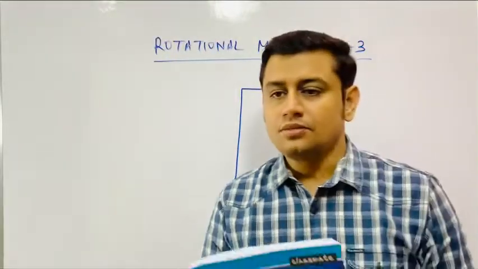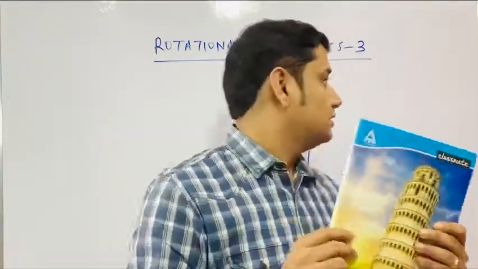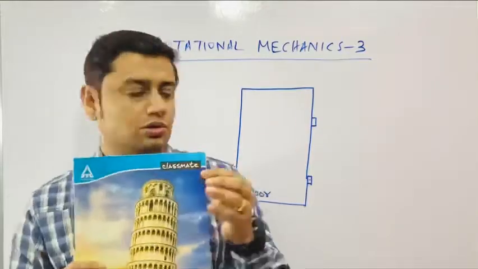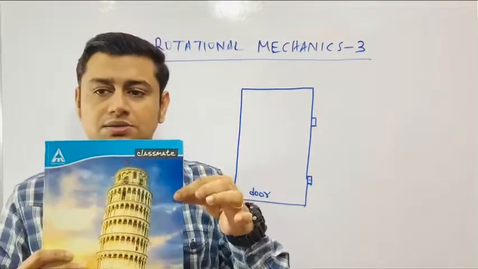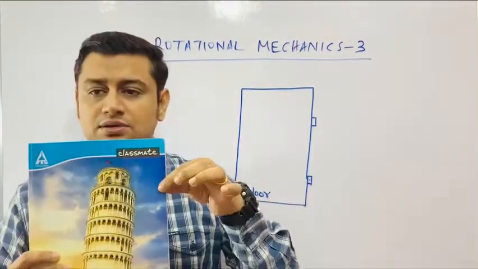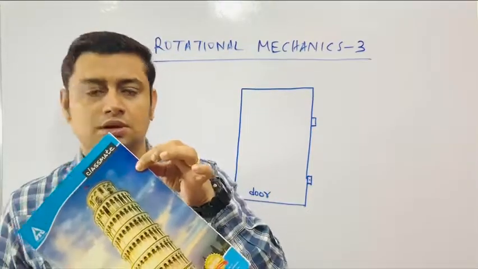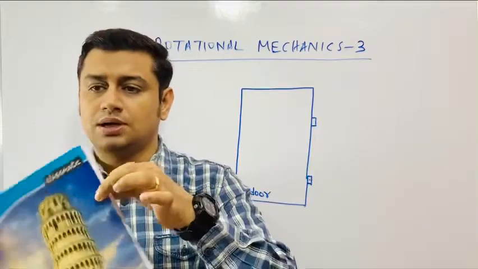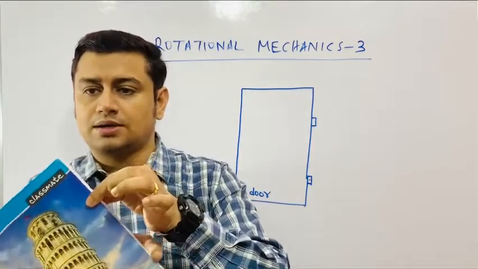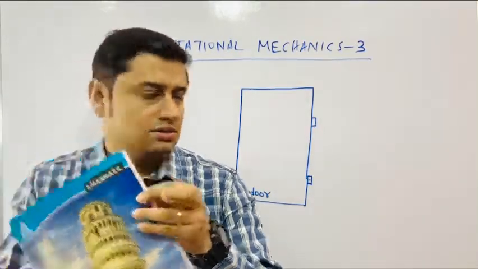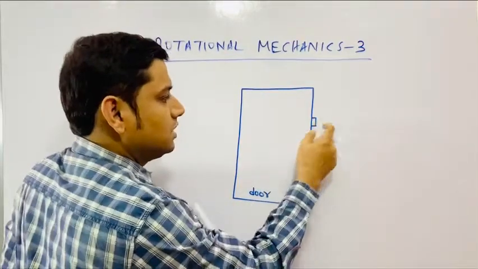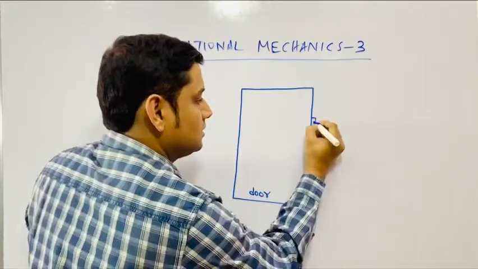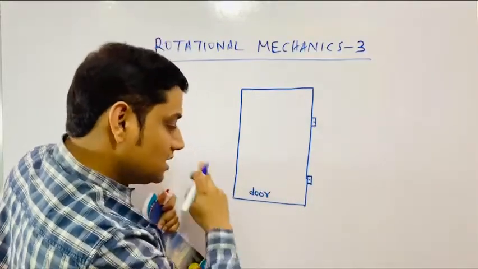First of all, understand that if this is your door, and I put just one hinge and remove the other, then it would become like this. Now you have to bring it back. So about this axis of rotation, the upper axis, the torque of mg was anti-clockwise.